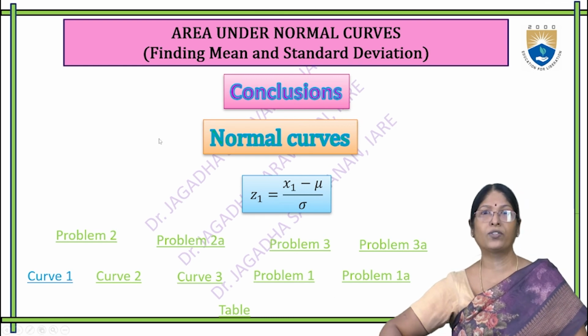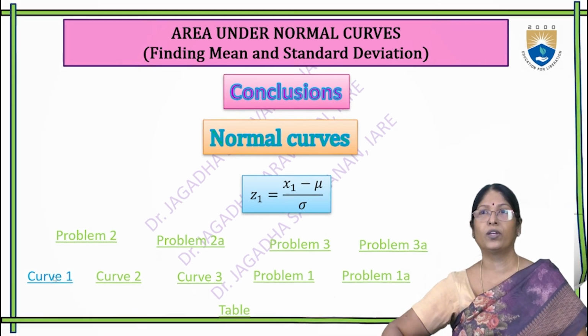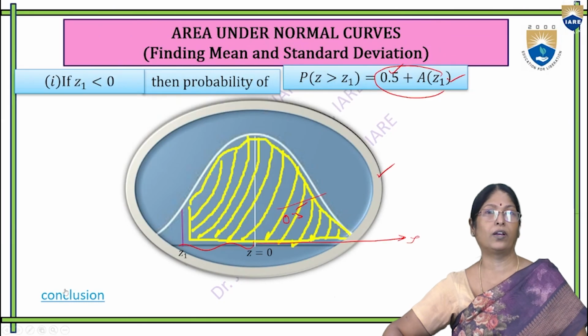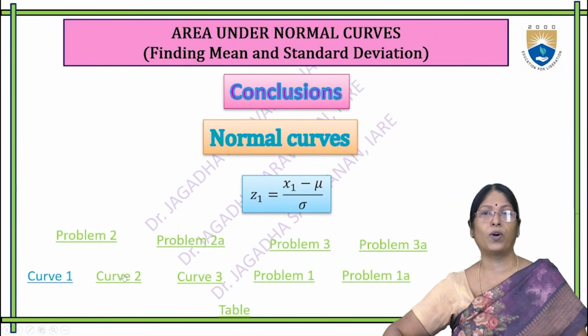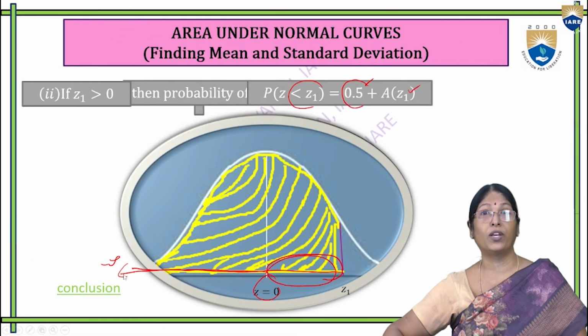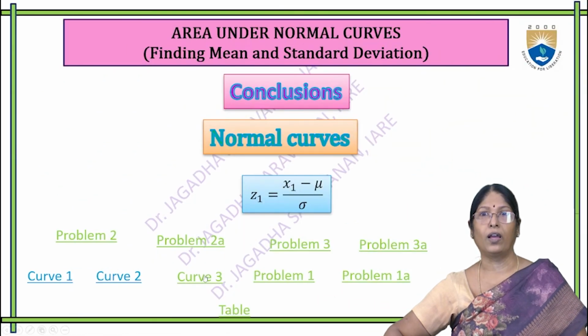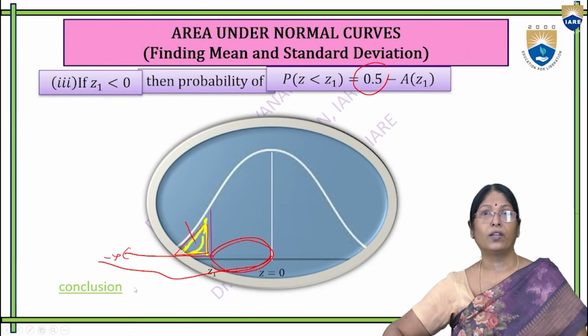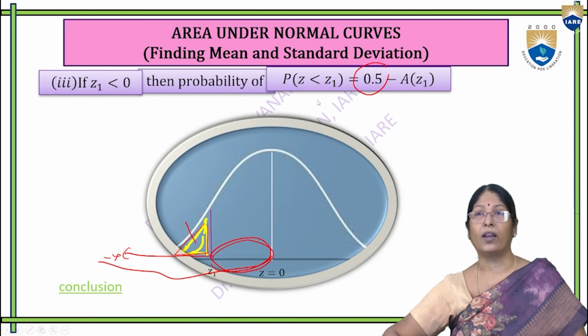Then first the different normal curves. This is the first curve we discussed, if z1 is less than 0. The next one is the same, if z1 is greater than 0. And curve 3, if z1 is on the left side of the point, how the curves are changing.